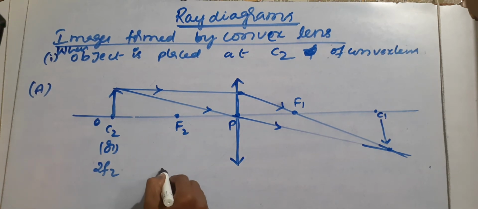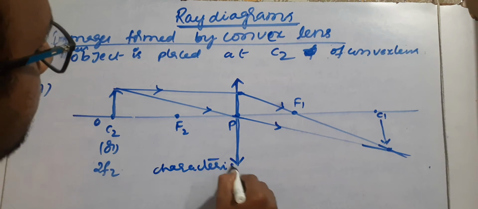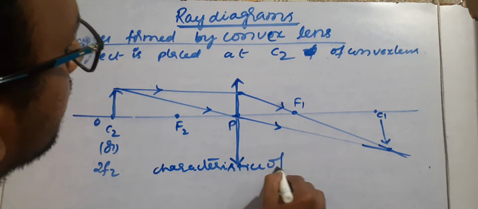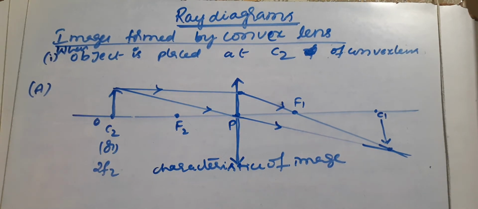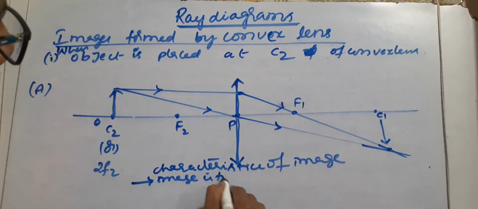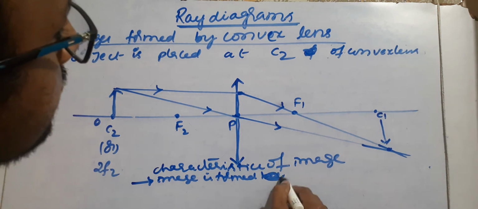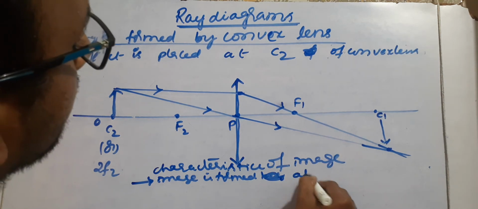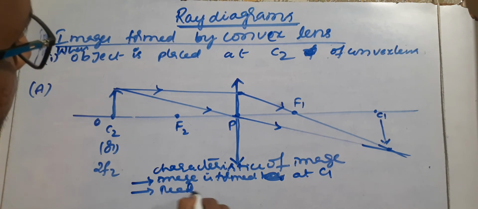So the characteristics of the image formed by the lens in this case: first, the image is formed exactly at C1. This is a real image, students.